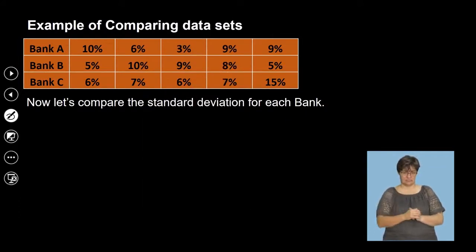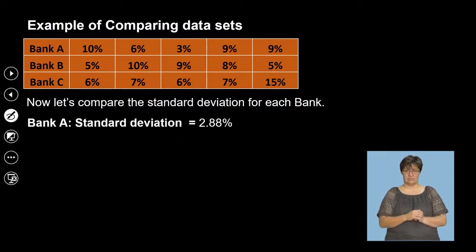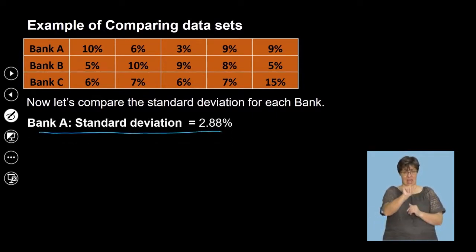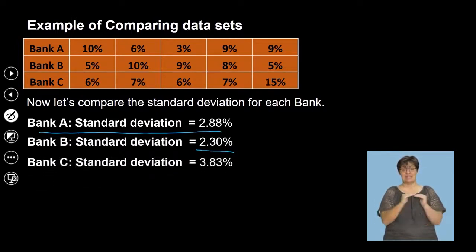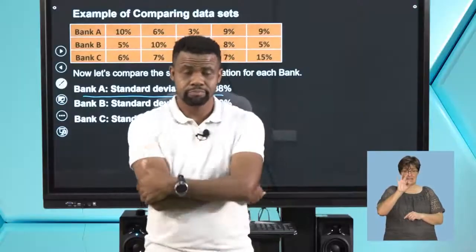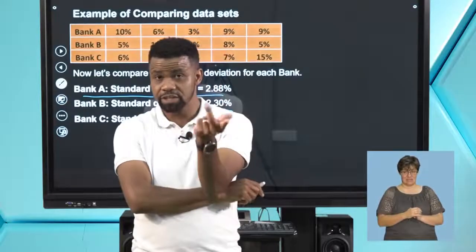Now let's see. The standard deviation for bank A is 2.88. The standard deviation for bank B is 2.3. And the standard deviation for bank C is 3.83. So we have the mean, range, and standard deviation.